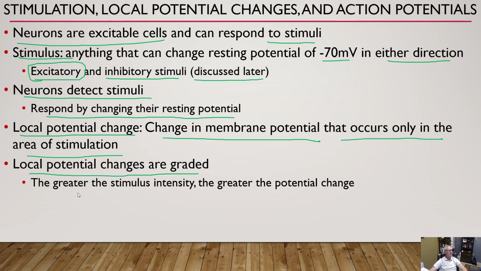And that just means that the greater the stimulus, or the greater the intensity of that stimulus, the greater the potential change. So that just allows you to know if I'm whispering or if I'm shouting.